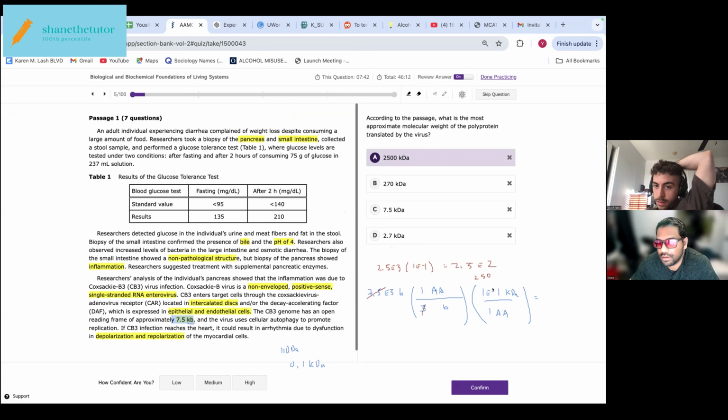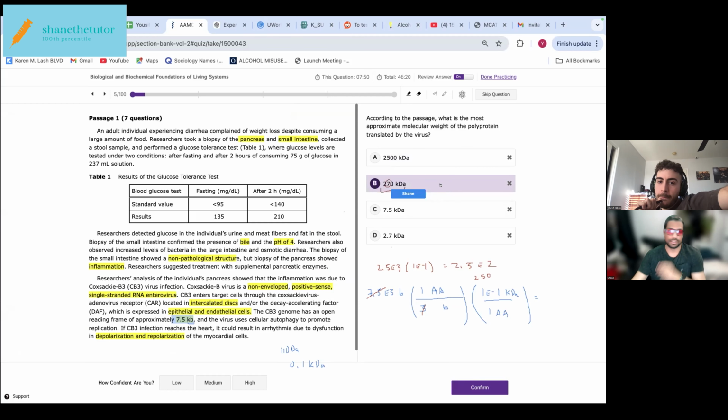So the answer should be this, right? Why do you think it says 270 rather than 250? Because we went from 110 to 0.1, so we went down, so our answer should be a little higher. Exactly.